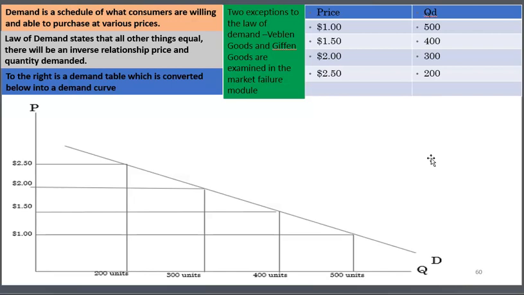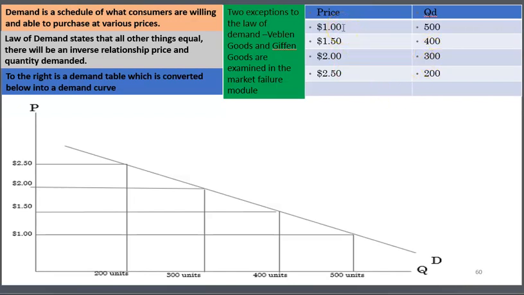Demand is a schedule of willing and able, and a price that is going up affects both of those key words. As the price increases, some people are no longer able to make the purchase, so they drop out of the market, which reduces the quantity demanded.